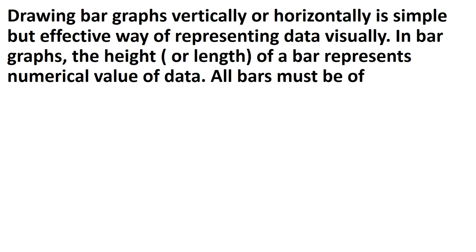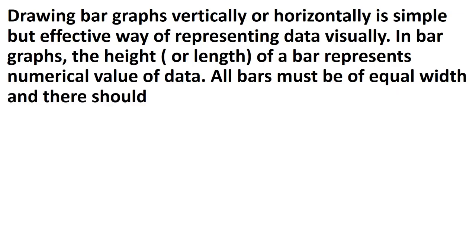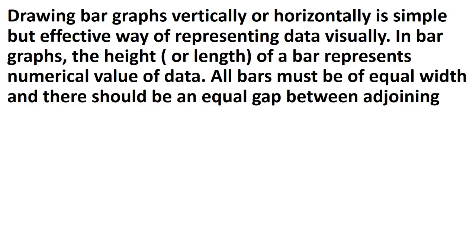All bars must be of equal width and there should be an equal gap between adjoining bars. These are some of the rules that we need to follow while drawing a bar graph.